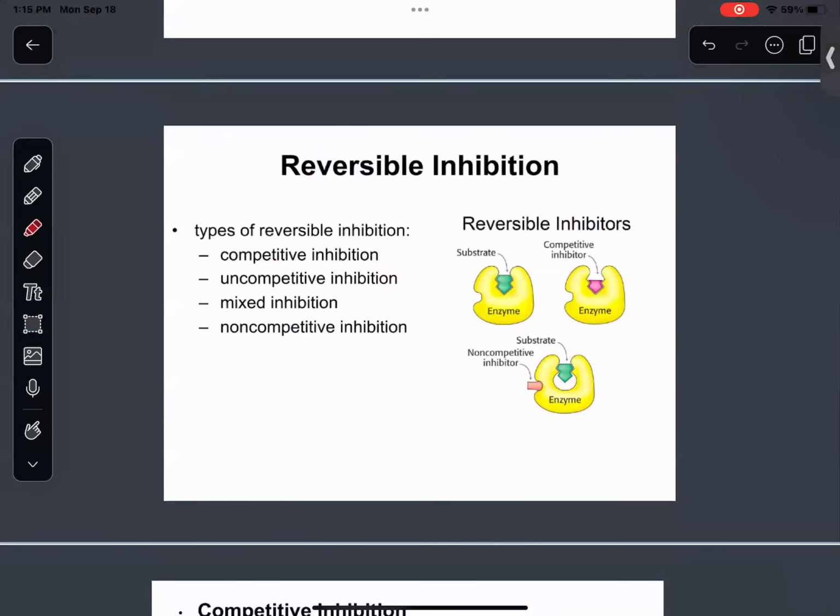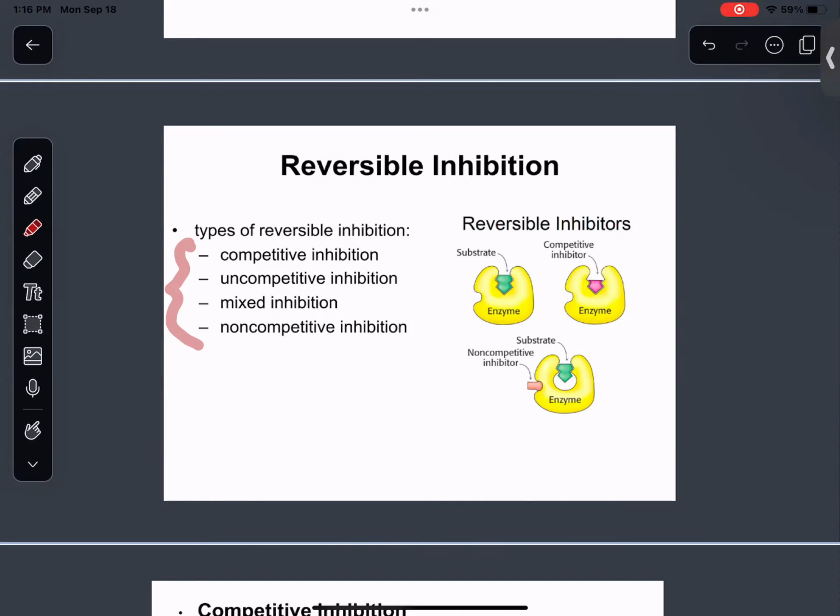They're not locked in there for good. They can attach and detach, attach and detach. And within reversible inhibitors there are multiple kinds, four to be exact, listed over here: competitive, uncompetitive, mixed, and non-competitive. Those are your reversible inhibitors.